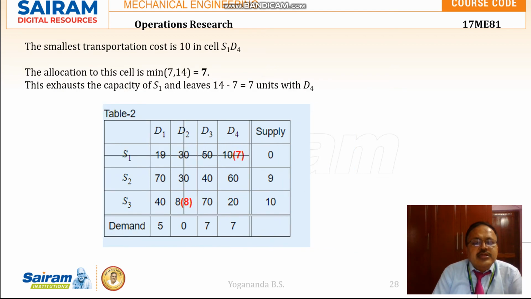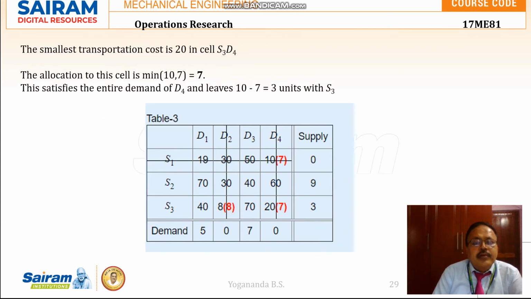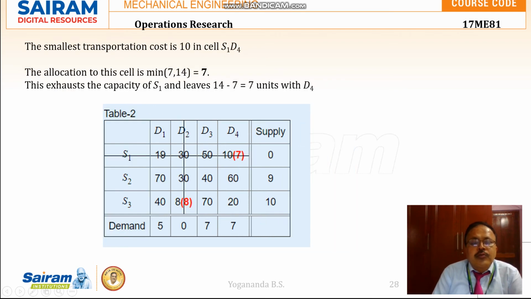Then the next smallest value here is 20. We allocate to this 20 now, having a supply of 10 and a demand of 7. So 7 will be allocated to this, and this 7 becomes 0 now.